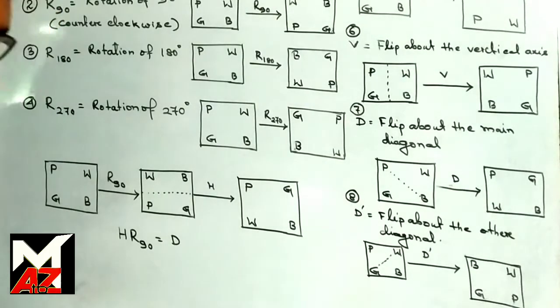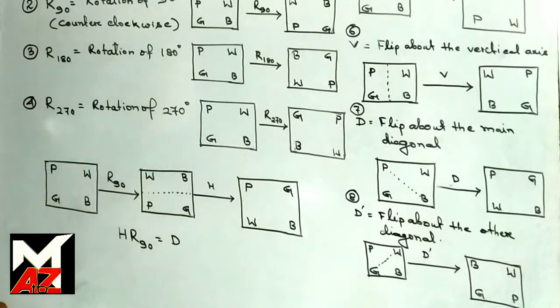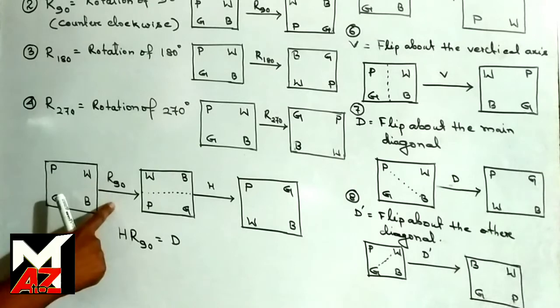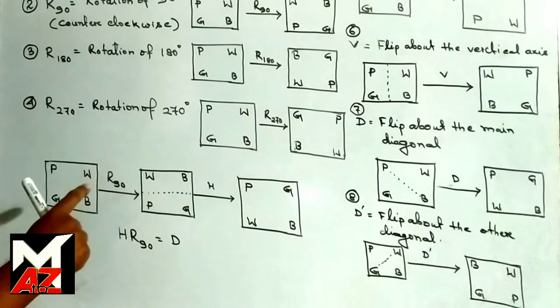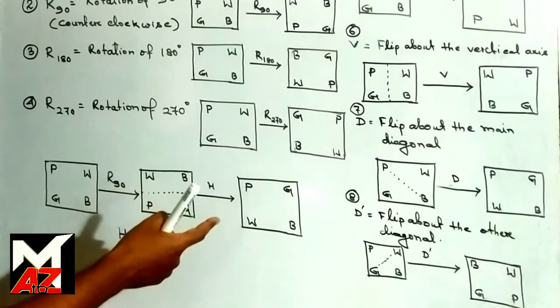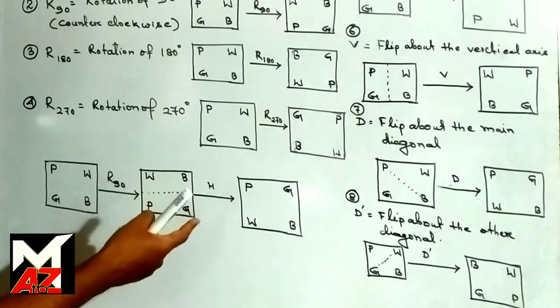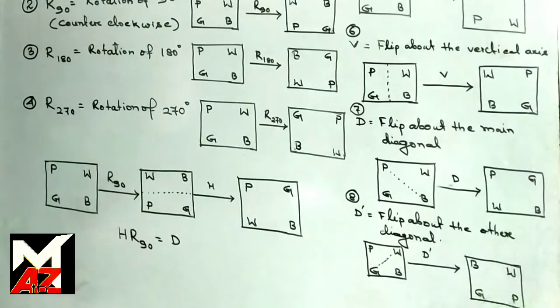Now we make 2 operations or 2 movements together. We first take R90, then H, that is the rotation of 90 degrees followed by a flip about the horizontal line.